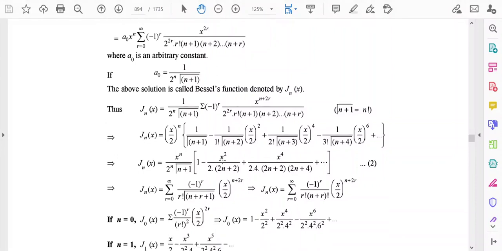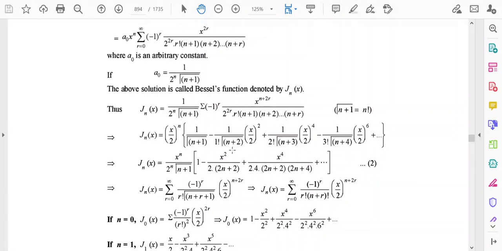Again we will simplify further. We have also taken common gamma n plus 1 from the denominators. After taking common gamma n plus 1 from all these denominators, we have written in the bracket 1 minus x square divided by 2 into (2n plus 2) plus x to the power 4 divided by 2 into 4 into (2n plus 2) into (2n plus 4), and so on.